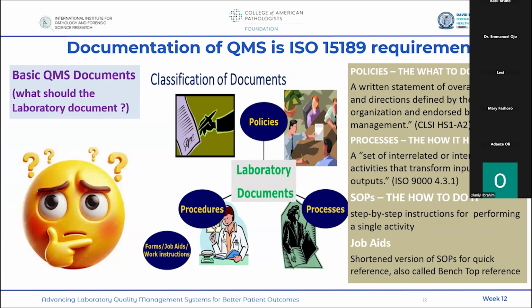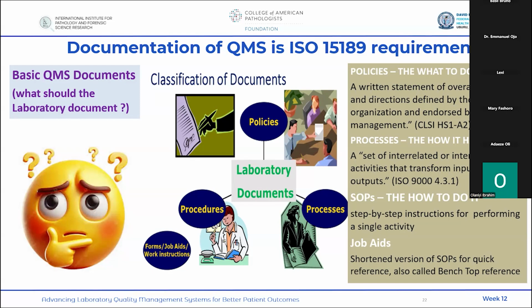So when we talk about documents, I said we are going to take a look at what documents really are. So what should the laboratory document? For now, we look at the classification from the level of policies, followed by processes, procedures.